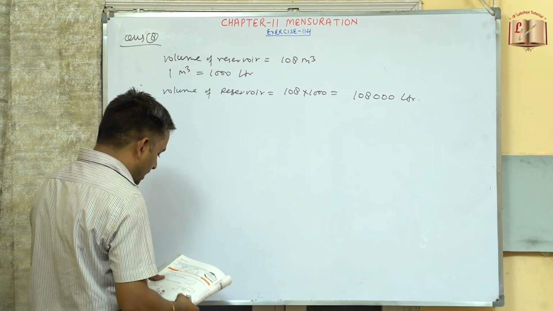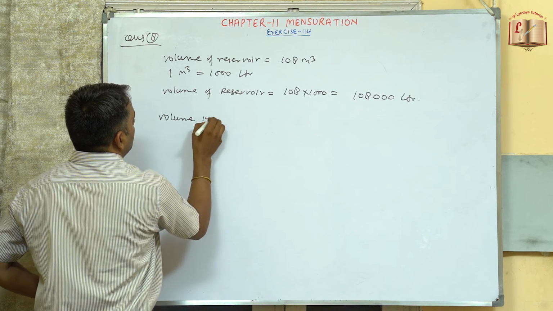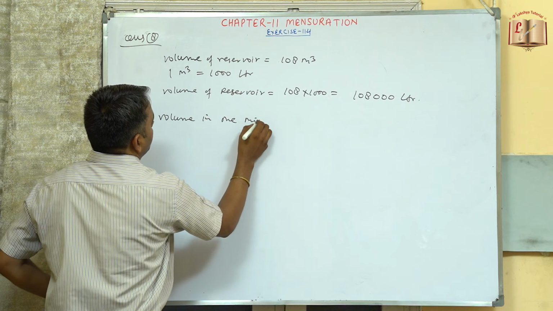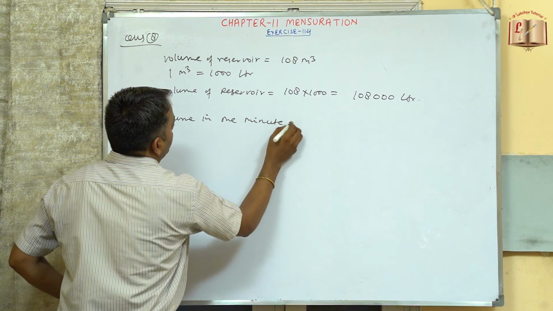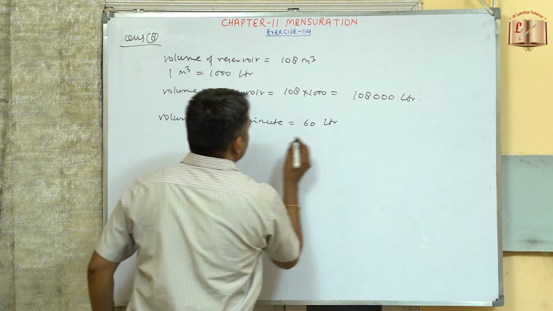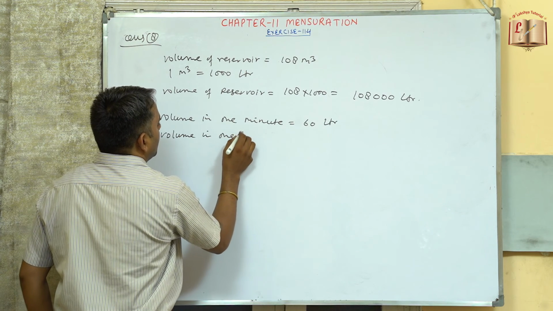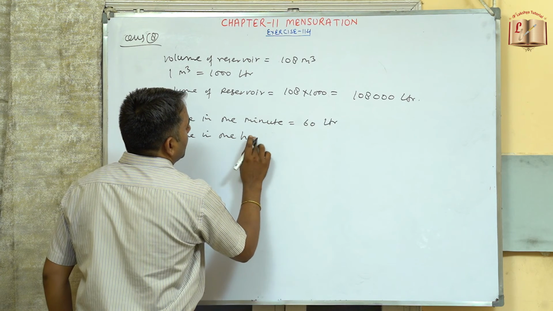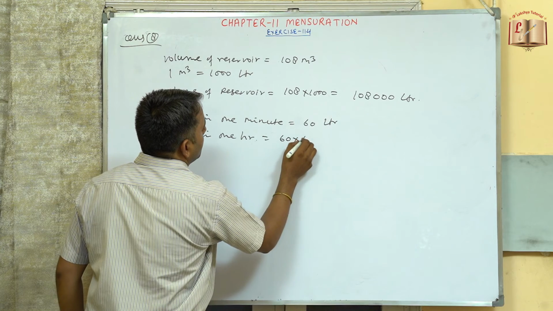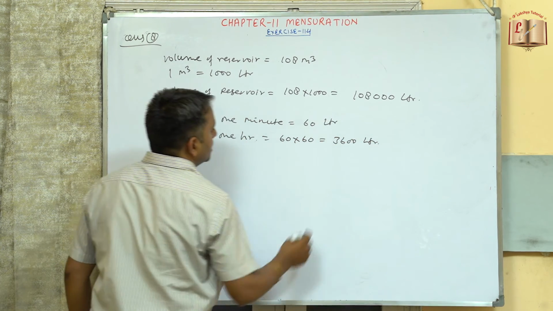Now we need to find out the volume in 1 hour. So volume in 1 minute is given to us, this is 60 liters. So we can find out now volume in 1 hour. So volume in 1 hour will be 60 into 60. So this is 3600 liters.